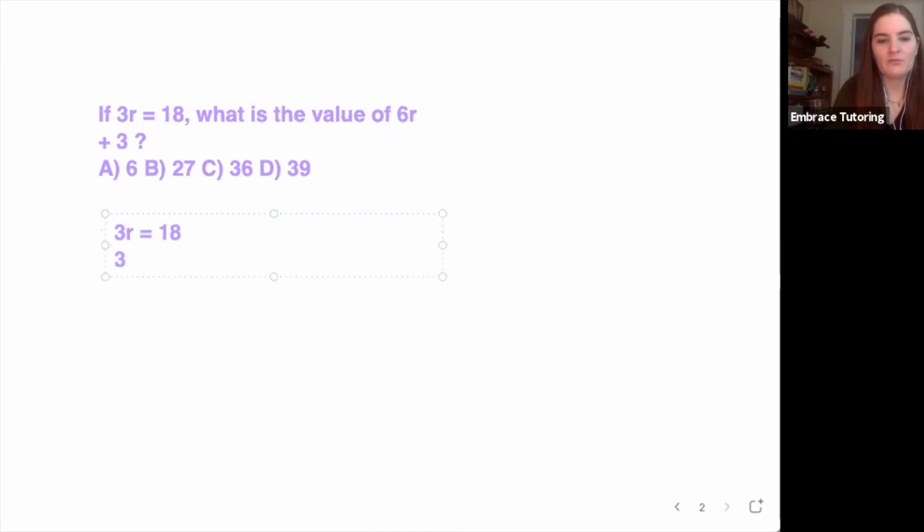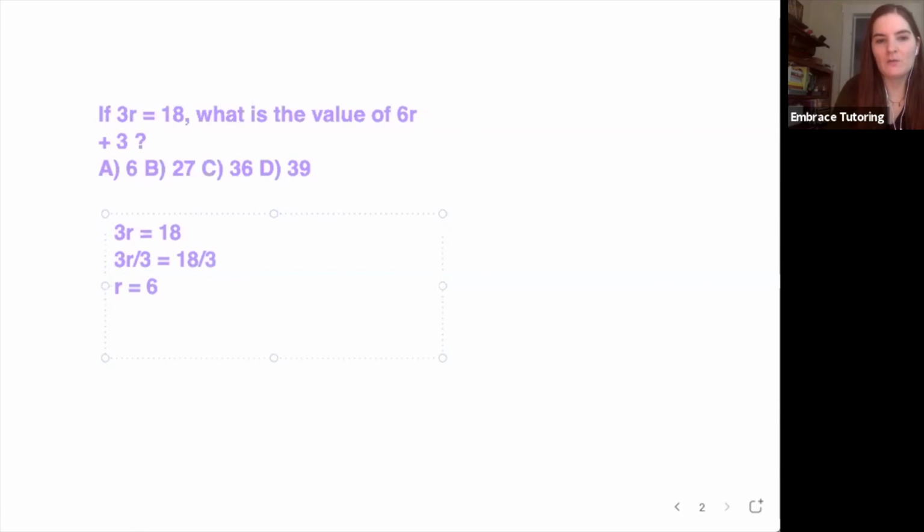And then you would rewrite it as, I don't have a division symbol here, so I'm going to use the slash as a division symbol, 3r divided by 3 equals 18 divided by 3. Okay, and then you would reduce that. So 3 cancels out, right? So you're left with r equals 18 divided by 3, which is 6.